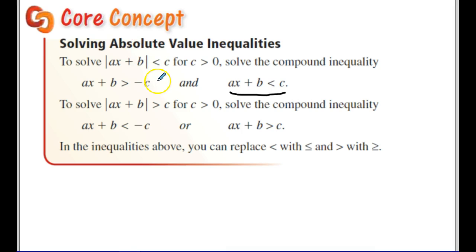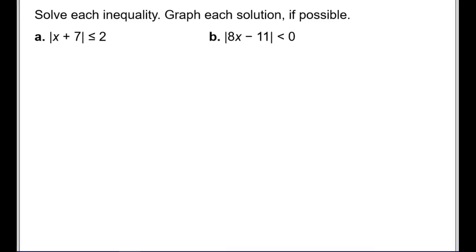And when we're dealing with absolute value, we're always going to have two answers. To find my first answer, I've got ax plus b is less than c, and I just rewrite it. As before with our absolute value, we had to change the sign of the constant on the other side, so I'm still going to do that. But when I change that sign, I'm also going to change the direction of the sign. Okay? So now let's look at a couple of examples.